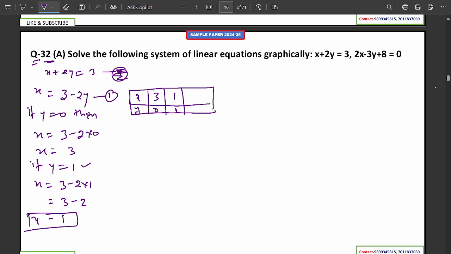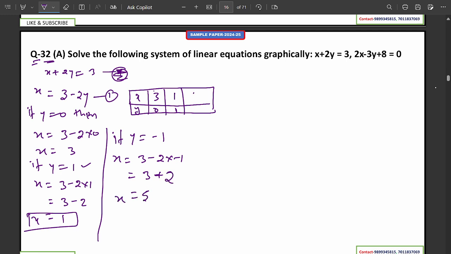Okay, and now suppose if y is equal to minus 1, then from equation first, x is equal to 3 minus 2 into minus 1, so it will become 5. So the value of x is 5 and y is minus 1.